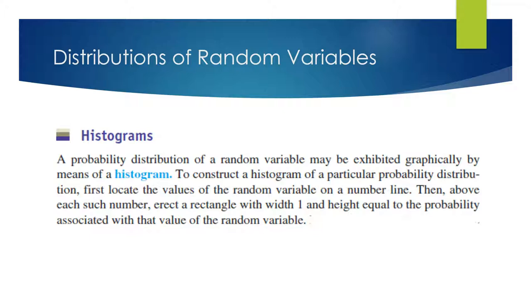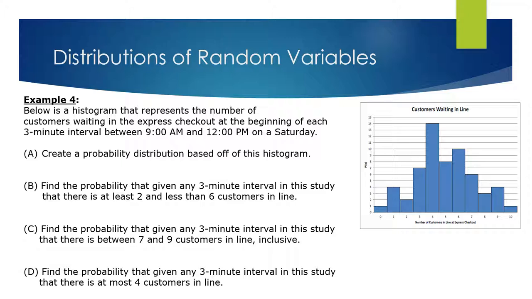So we look at example 4 here. You're given this data by customers waiting in line in the express checkout at the beginning of each 3-minute interval between 9 a.m. and 12 p.m. on a Saturday.